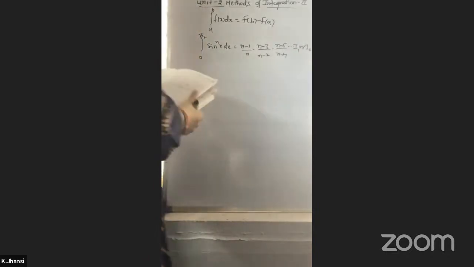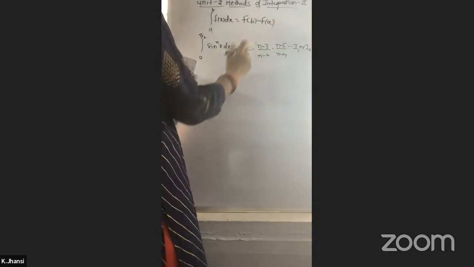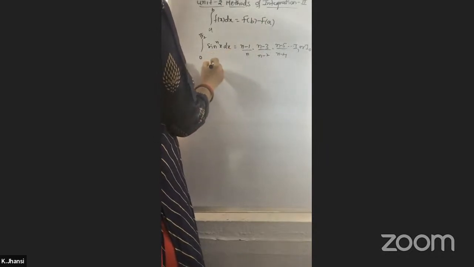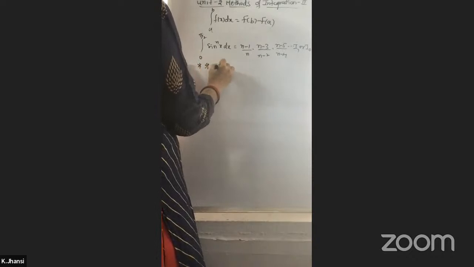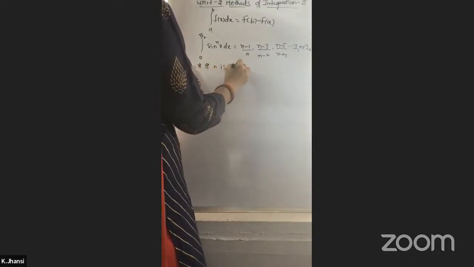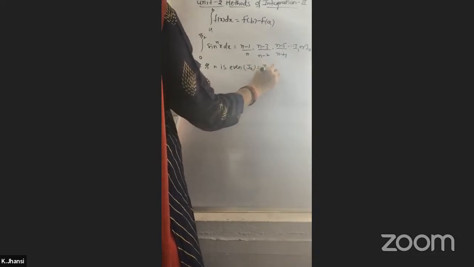It may end at I1 or I0. Similarly, whatever we have seen in the first unit, the same will be there. Here you can take a note: if n is even, I0 value is equal to pi by 2.